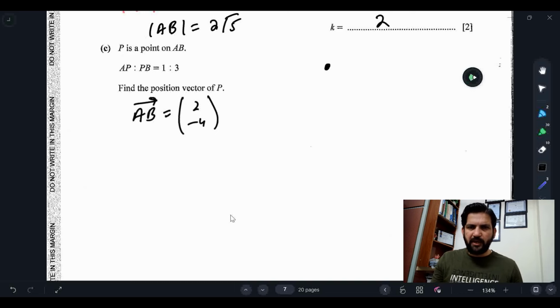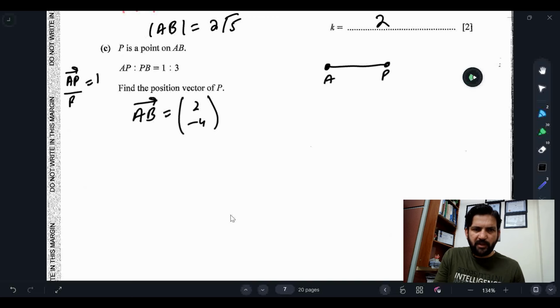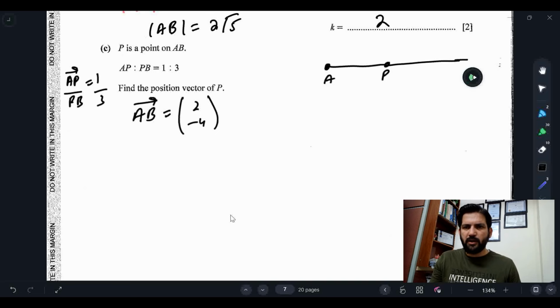Now let's draw a line like this. AP ratio PB means that if AP is 1, PB will be 3. It means that if the length of A to P is 1, then P to B will be 3. This is basically the ratio, not the value. Keep this in your mind.